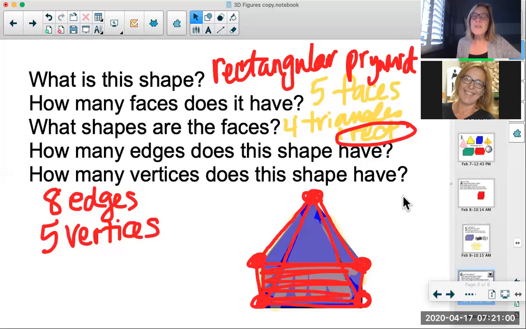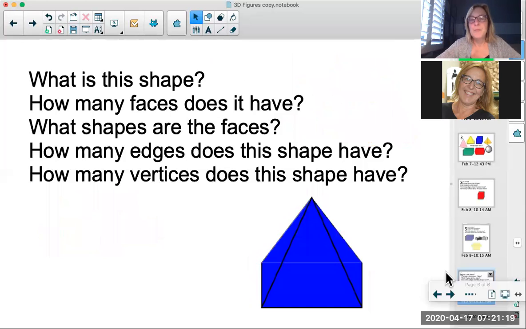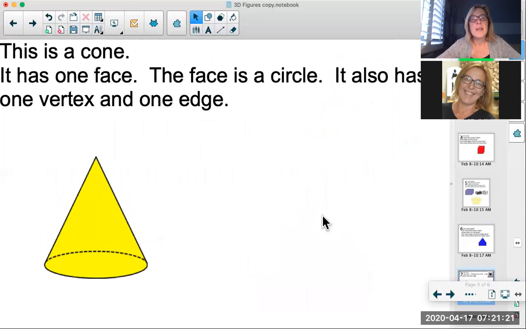Okay, so the difference between a prism and a pyramid is a prism has rectangle faces in addition to the bases and has 2 bases. A pyramid has triangular faces with 1 base. That is the difference. All right, so this is a cone.